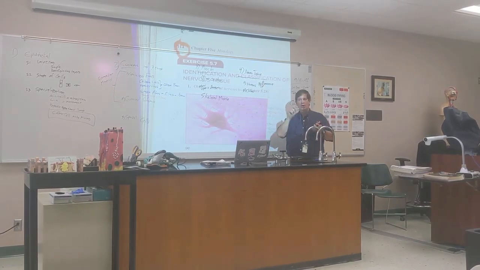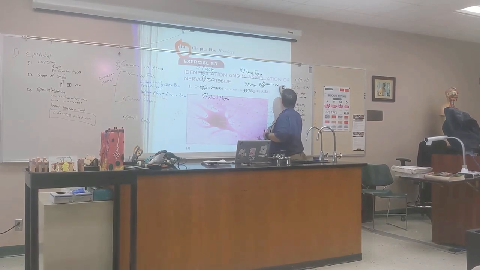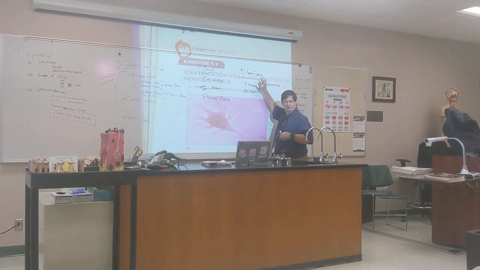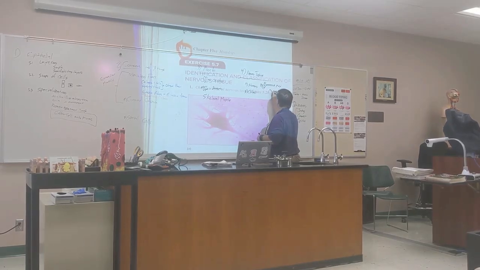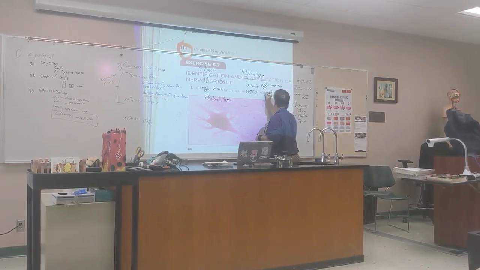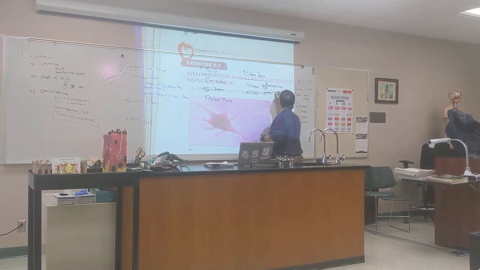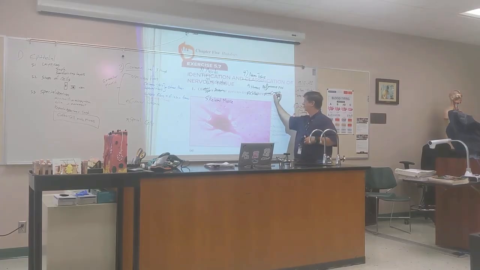Do you agree? We also have, and none of this matters right now for the upcoming quiz. None of this will matter until the nervous system test, okay? But we also have, coming up, when we get there, cell body, and it's like it's been moved to the middle of that axon.